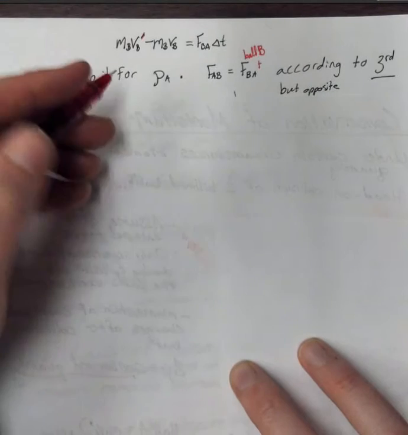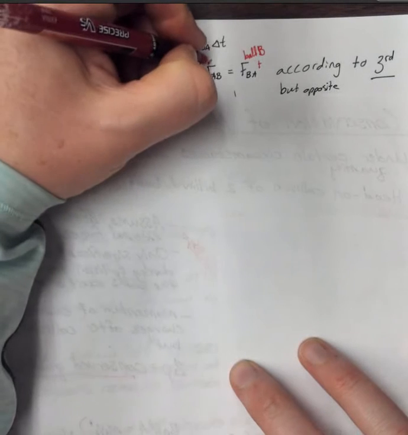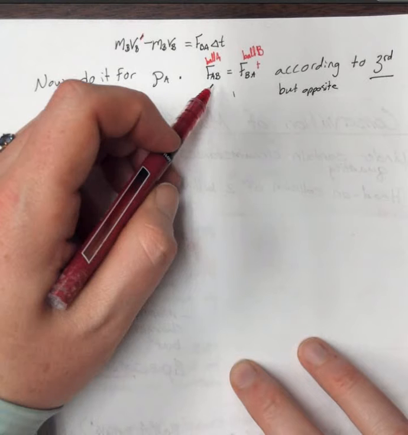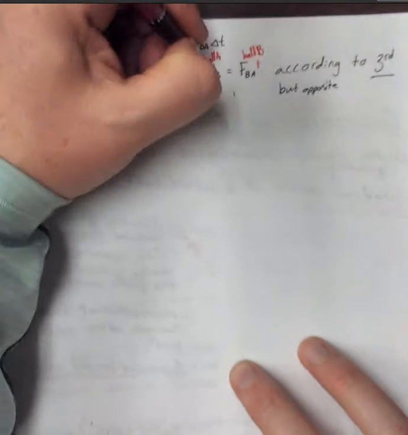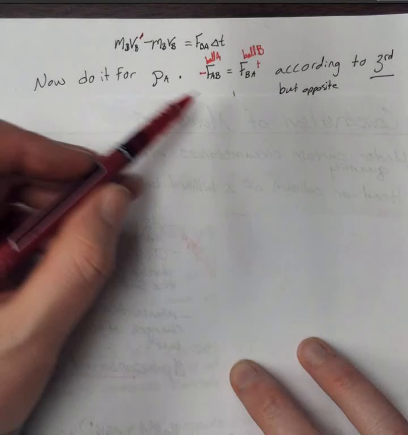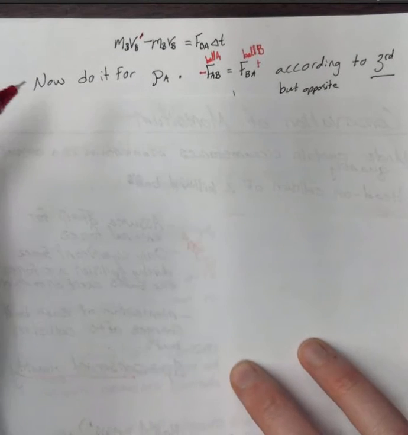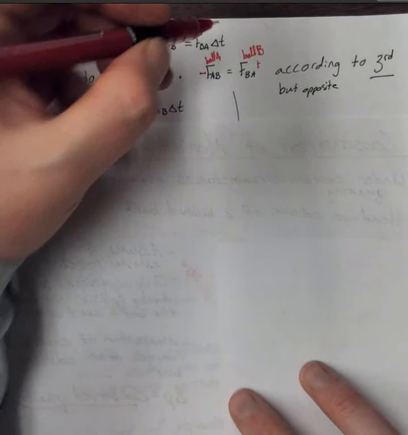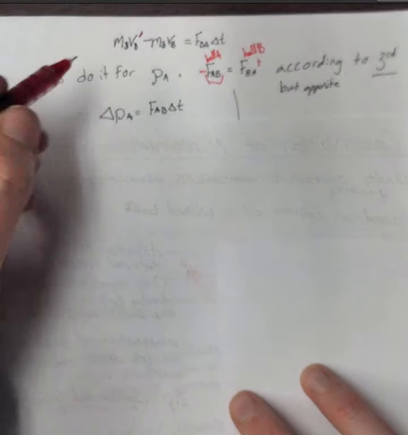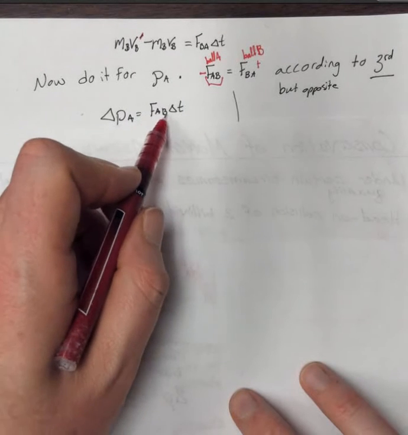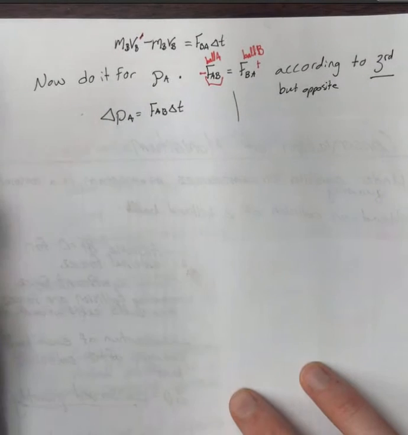That must mean that ball A experienced a force from ball B that's the exact same size but in the negative direction, because it moved off to the left, and because Newton's third law says the forces are an equal pair in magnitude with opposite direction. So I'm going to stick with this value right here, where I say the change in momentum of A is equal to the force that ball A experienced as a result of ball B times the change in time.